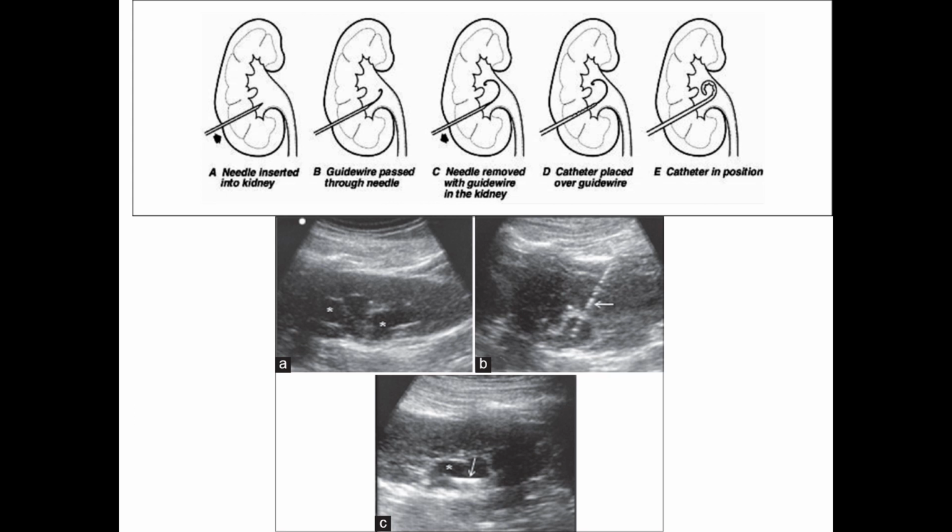Over the guide wire you do sequential dilation of the tract, and at last, as shown in E, you put the catheter inside the kidney. Below is the ultrasound: the arrow in A shows the dilated calyces, in B it shows the needle, and in C is where the nephrostomy should be.